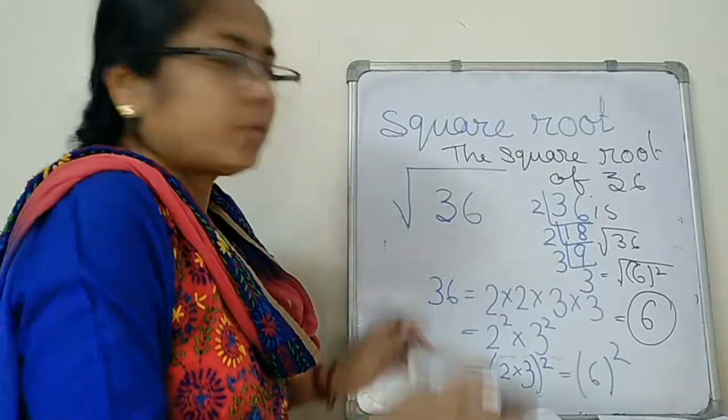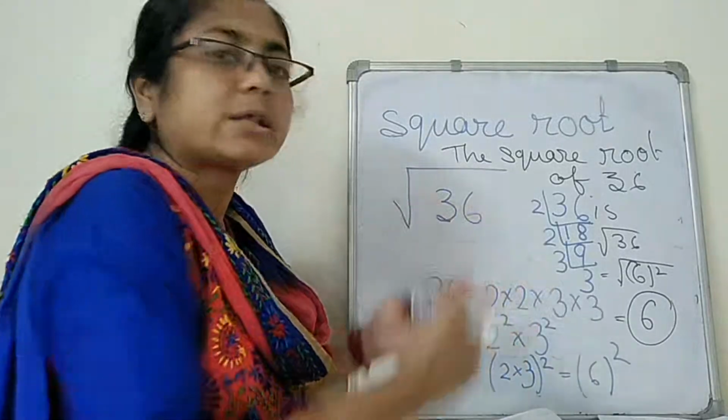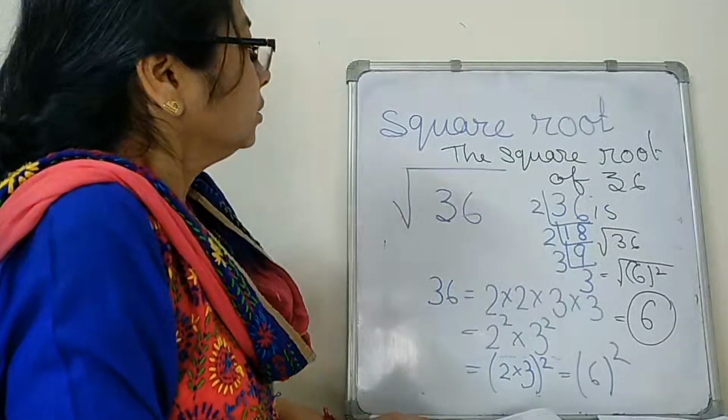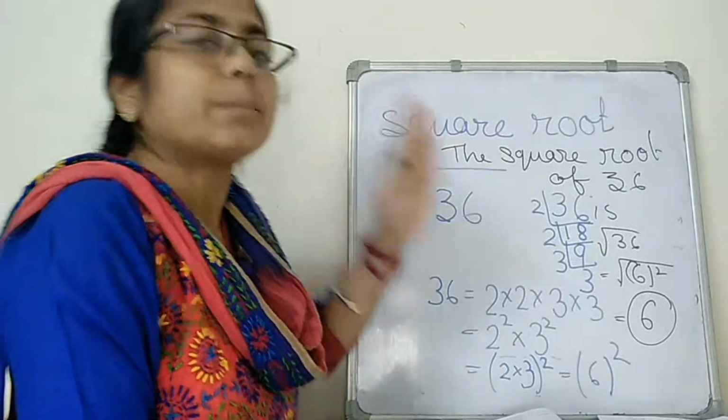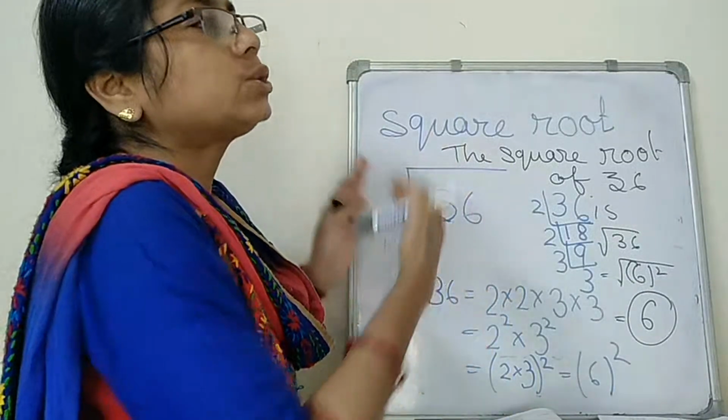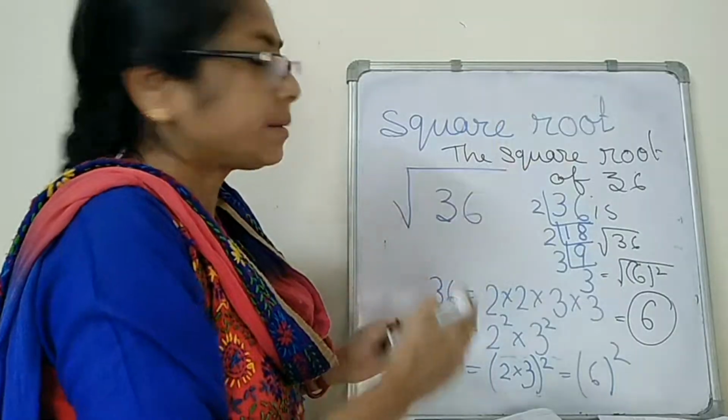Clear? What is the difference between square and square root? Clear everybody? Square, just multiply. Square root, when it is 2 times coming, you take 1 time.